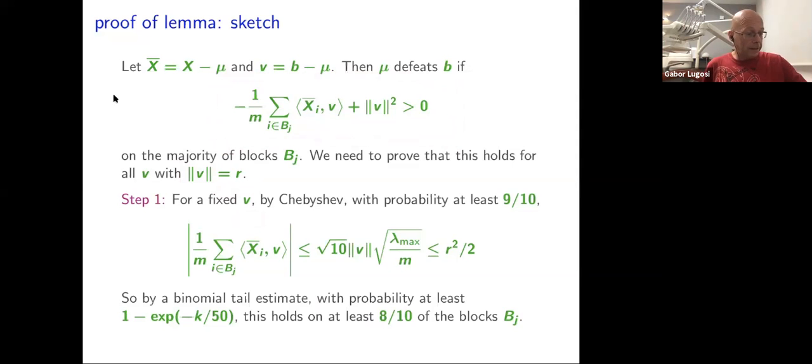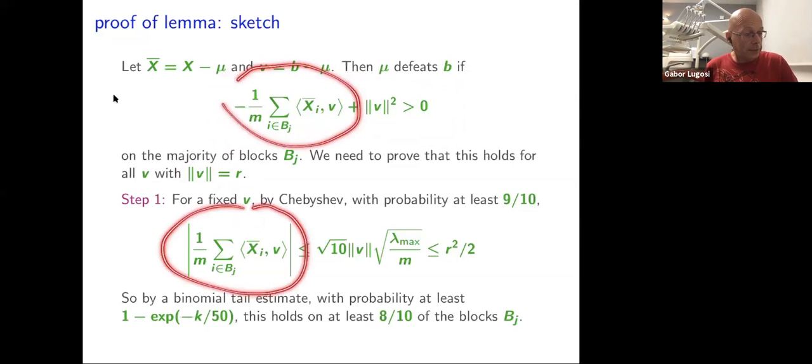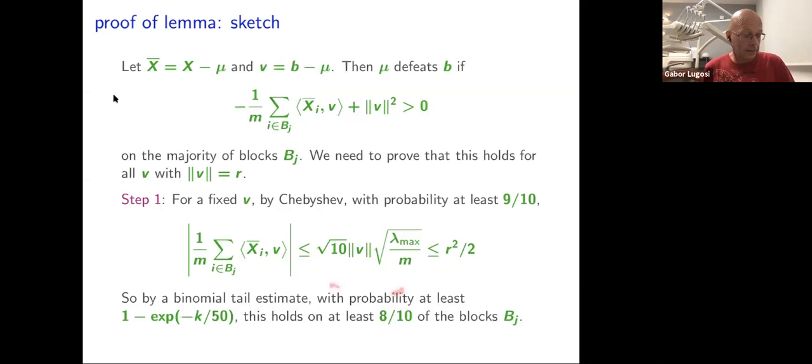For a single vector, we can bound this quantity by Chebyshev's inequality. This is trivial, and you see that with probability, let's say 90%, the magnitude of this is bounded by r squared divided by 2, but this guy here is r squared, so this will be positive. So this happens with probability 9/10.